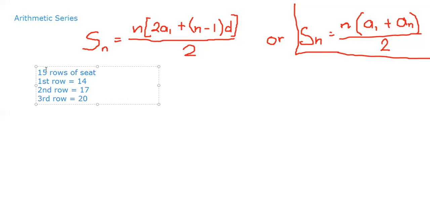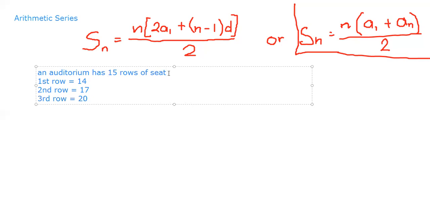So, iyan yung given. Sabi, ang auditorium daw, meron daw 15 rows of seats. Tama ba yung spelling ng auditorium? Tama naman. Auditorium has 15 rows of seats.